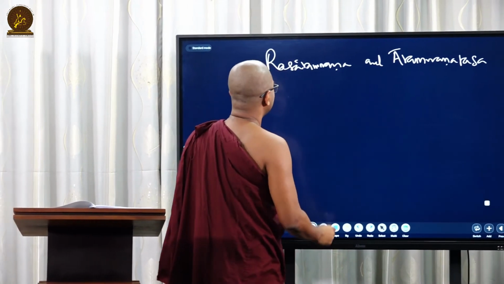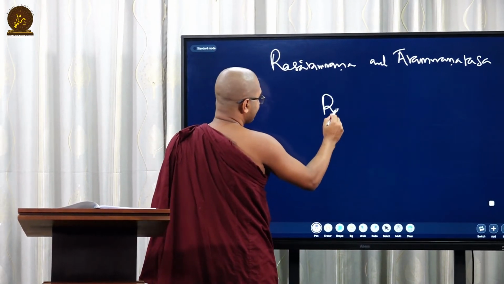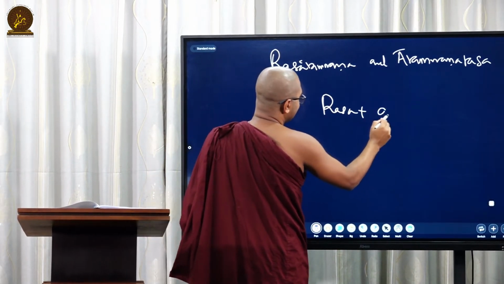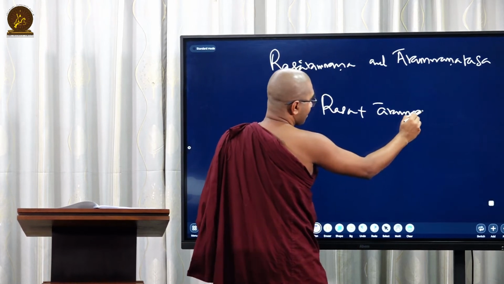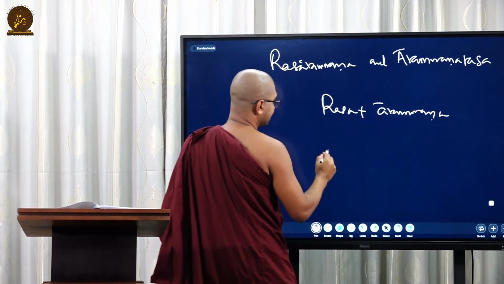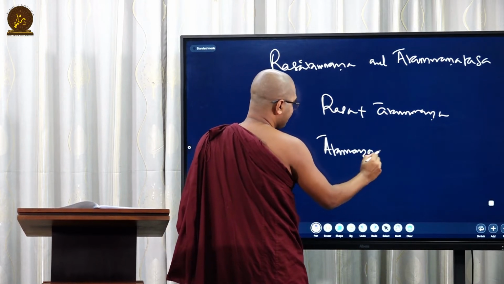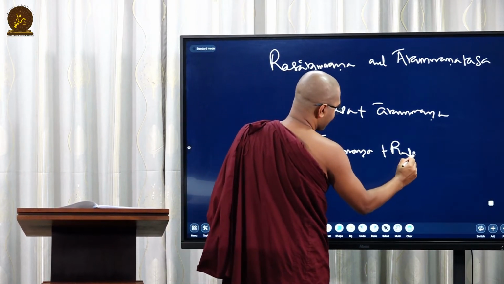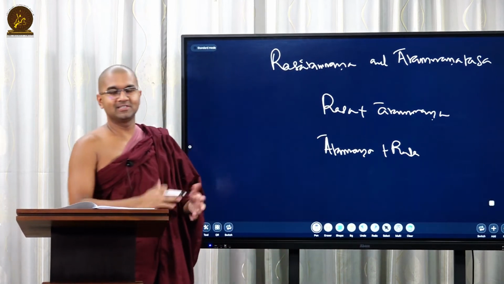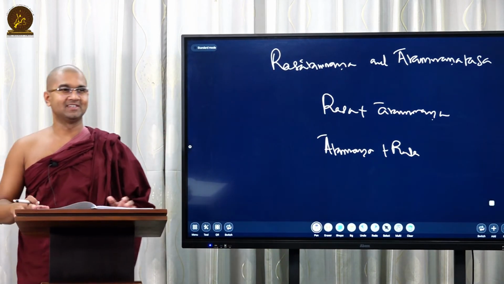If you divide the two words, think: Rasa plus Arammana. In the second term, Arammana plus Rasa. It seems like the words have been shifted.